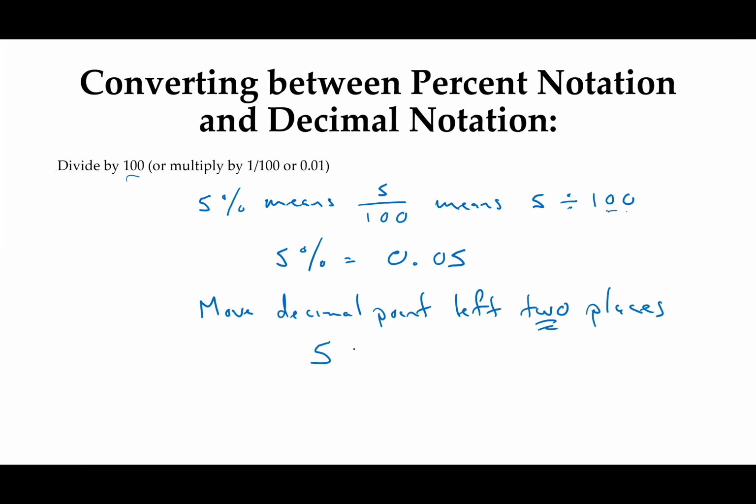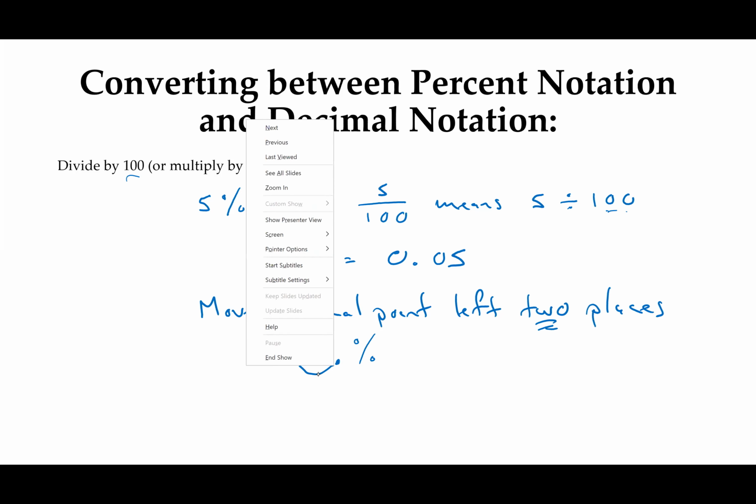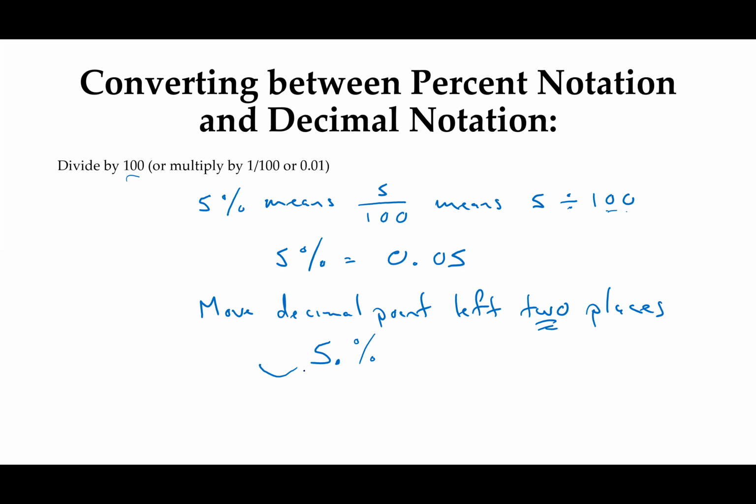Well, just keep in mind that we don't usually write a decimal point when we're talking about whole numbers, but it's understood that it's after the ones digit, right? So moving it 2 places, 1, 2, and then understanding that if there's an empty space there, we're going to fill it with a 0. So 5% is 0.05, okay?